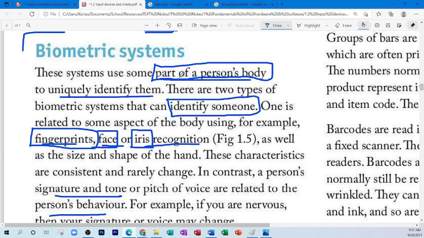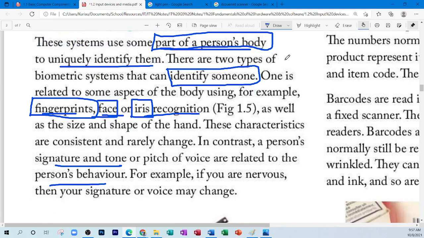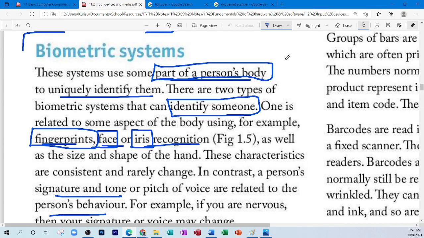Well, not your voice, because that really is not a part of your body. So your fingerprint, your face, your iris, whatever part of your body it wants to scan to identify you, it can be used. Now, sir, yes, face recognition is not something you should be really using. True, it has its downfalls.